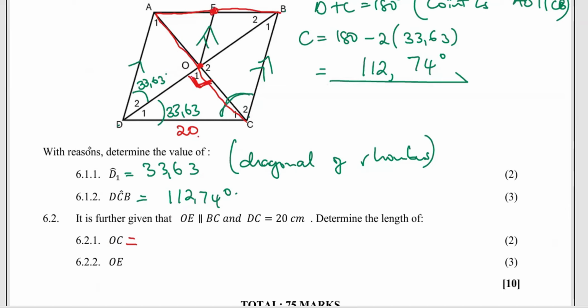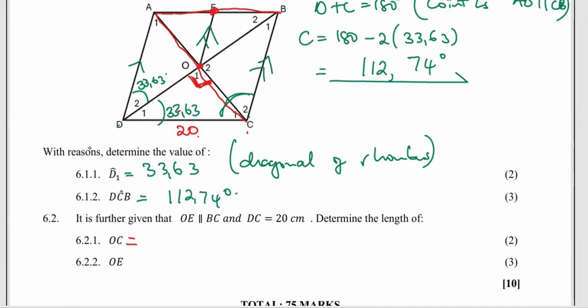So you can use the trig ratios, okay? As much as it doesn't look proper for me to find it that way. Because this is our hypotenuse, and then we have this angle already.